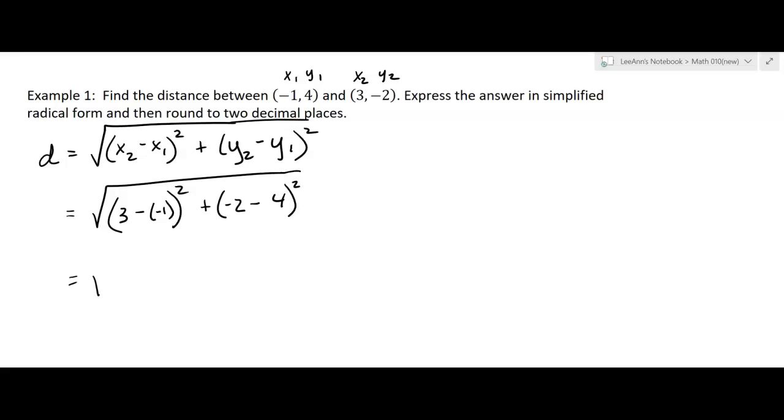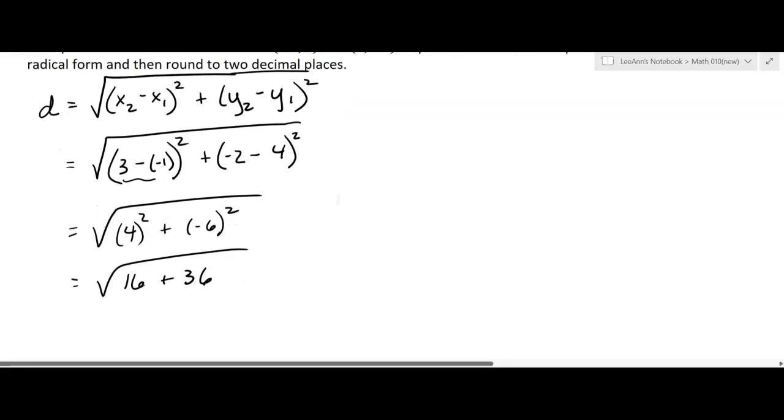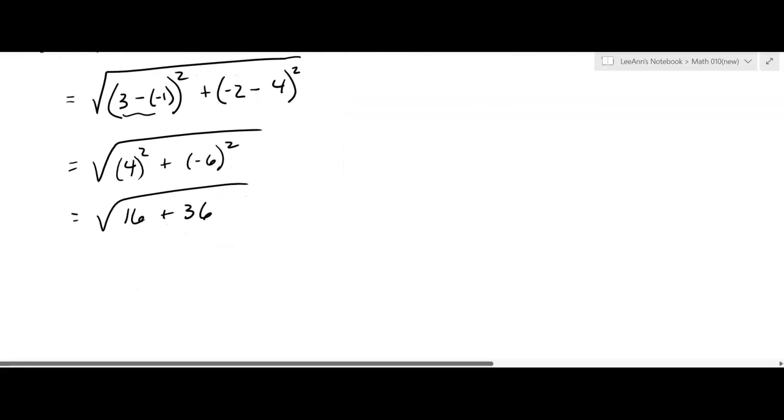So we get the square root of, this is going to be 4 squared plus -6 squared. And then that's going to be 16 plus 36. And then that's going to be the square root of what, 52? Now, they want it simplified in radical form. So that's 4 times 13, or 2 times the square root of 13.